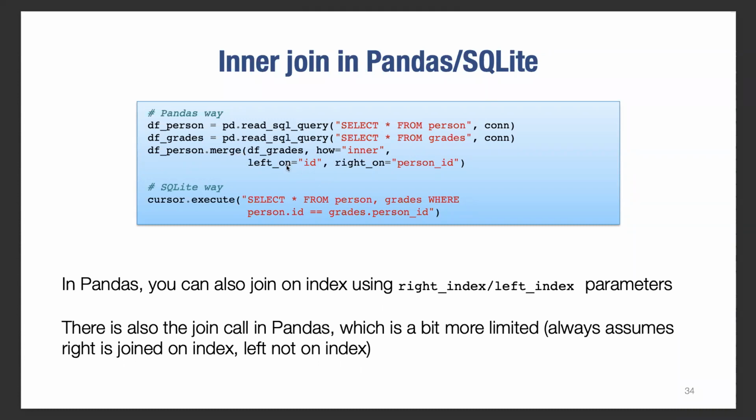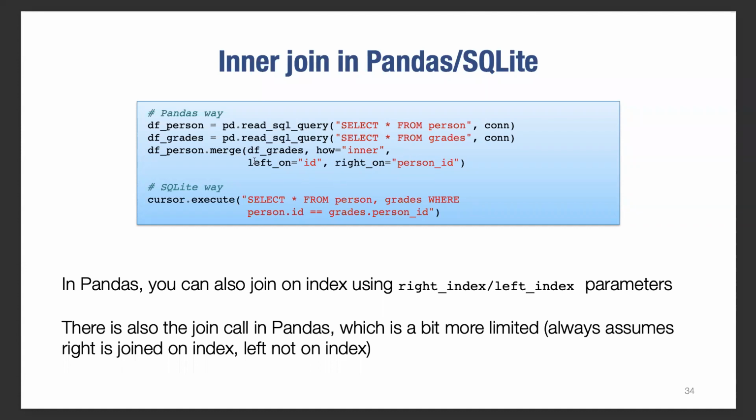Then you say left on, right on. So now there's also on. So there are some other parameters: on, left on, right on. If in the two tables the column names are the same, then you just say on equals that column name, right?